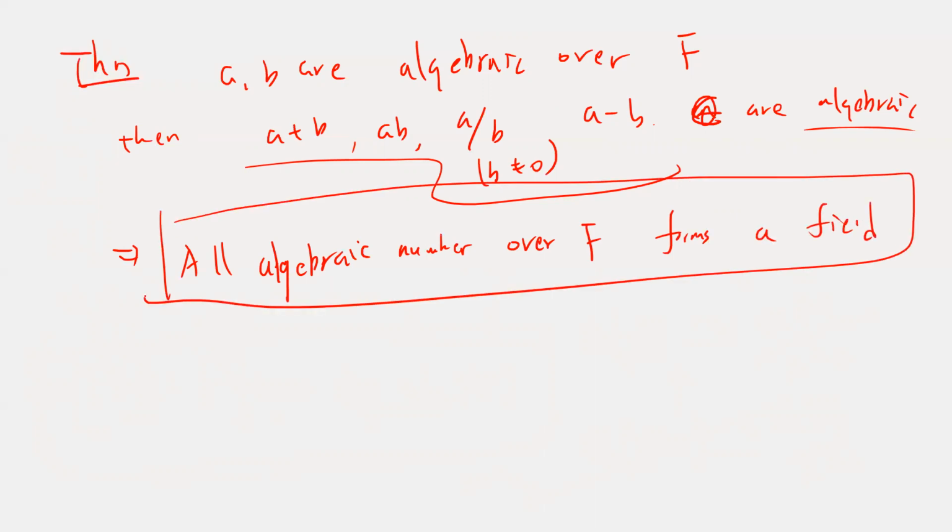Yeah, so this is basically the algebraic closure, right? Okay, so the proof is simple, right? Let's say F(A) over F has degree n, right? And F(B) over F has degree m.